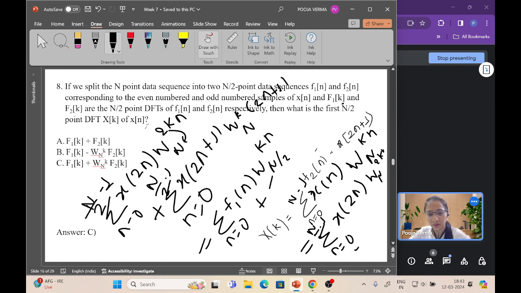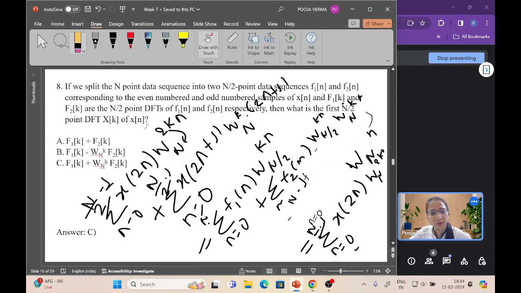Similarly, m is equal to 0 to N by 2 minus 1, and f2(m) will be the odd numbered sequence. Similarly, N by 2 will be taken this side, and if we multiply inside, it will be kn. Plus W_N^k is the other phase factor here.